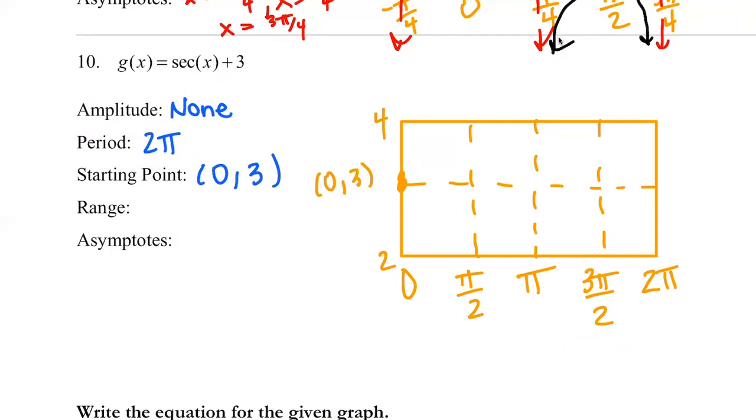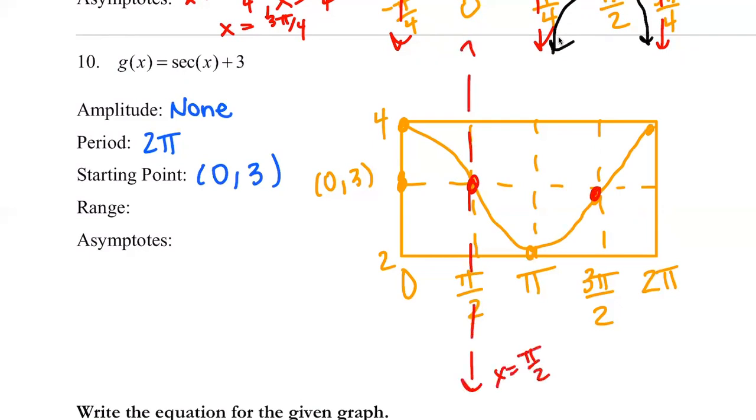Okay, this is the reciprocal of a cosine curve. So I'm going to draw a positive cosine curve very lightly in here. And then I can take these points right here to create our asymptotes.